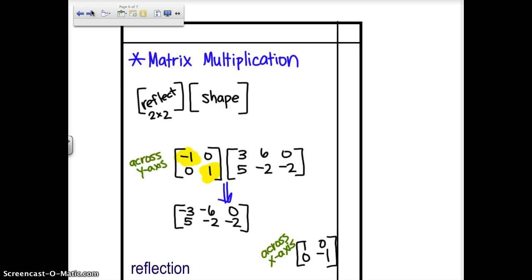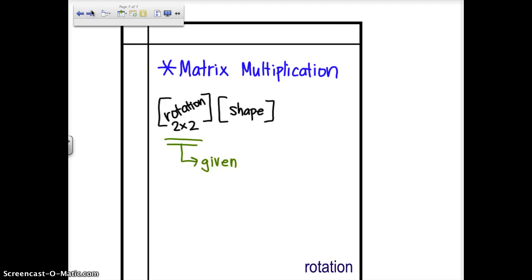Third one is matrix multiplication so that we could reflect. And we had two different ways of reflecting across y or reflecting across x, depending on what the problem asks you to do. And then the last one was rotation, and we said they would give us a particular matrix to multiply by. Okay, so 4 different transformations that you are going to be able to crank out using only matrices. It's going to be awesome.